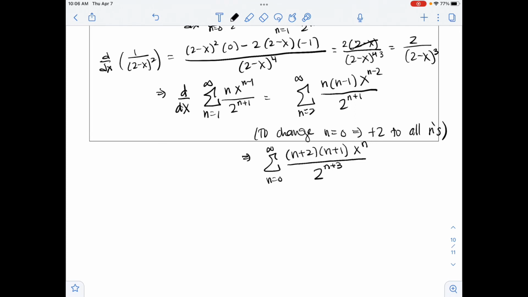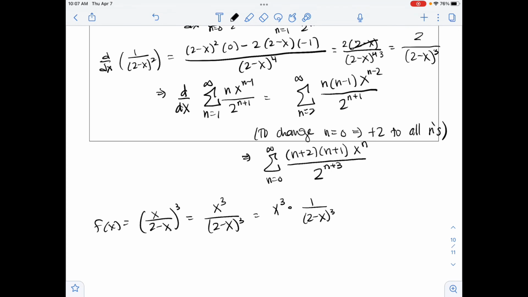So back to our original function that we had, which was x over 2 minus x to the third power, which is x cubed over 2 minus x cubed, which we said from up above is equal to x cubed times 1 over 2 minus x cubed. But we do have an issue here.